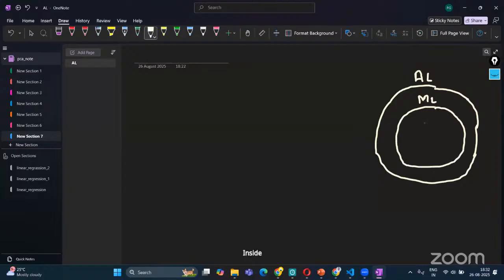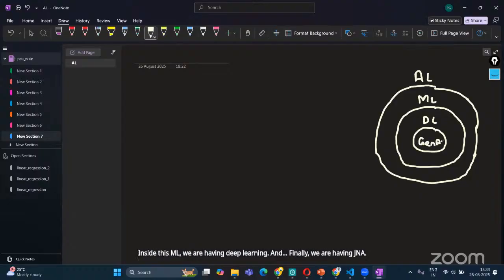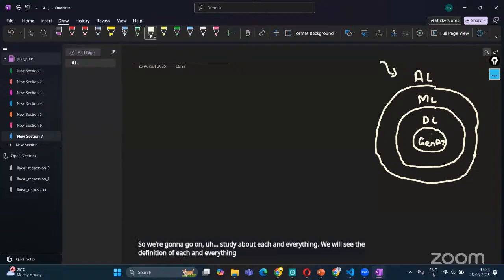Inside this ML, we have DL, deep learning. And finally, we have GenAI. We will study each of them and see the definition of each so that it is clearer to you what AI, ML, DL, and GenAI are.